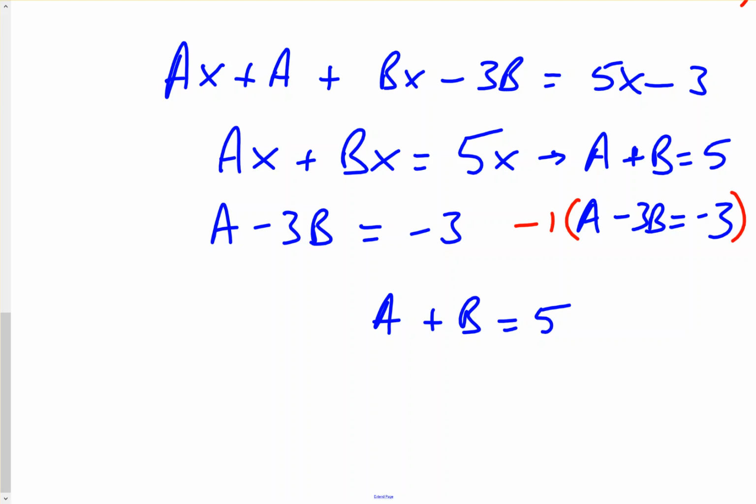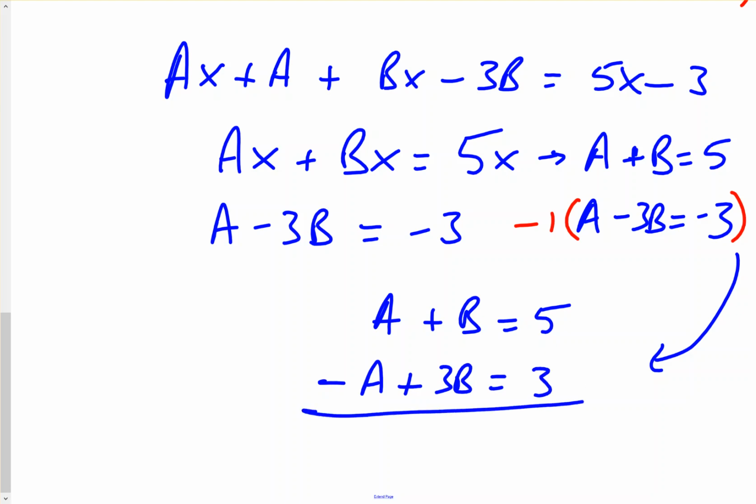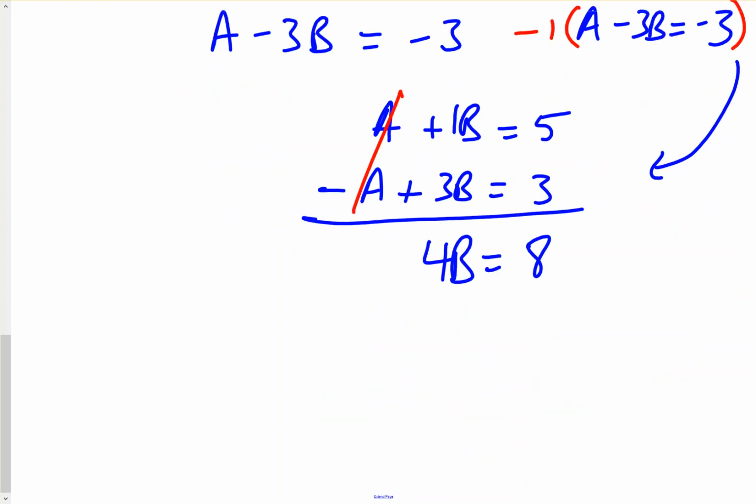Right, so if we do that, that would make it negative a plus 3b equals positive 3. And now we could add. A plus negative a, that's gone. So we have 1b plus 3b is 4b. 5 plus 3 is 8. Divide by 4. So b equals 2.